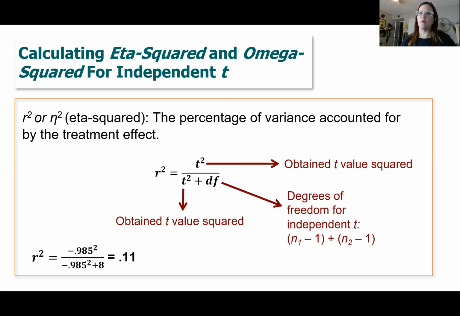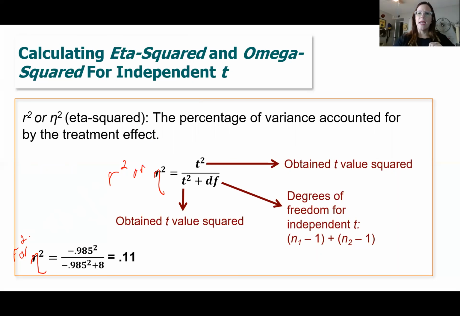It's telling us the percentage of variance in the dependent variable that can be accounted for by the independent variable. This says r squared in your book, I think it has eta squared, you could use either one, but they're the same thing.